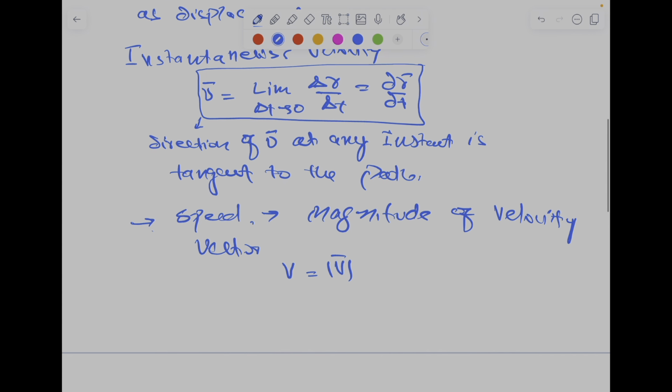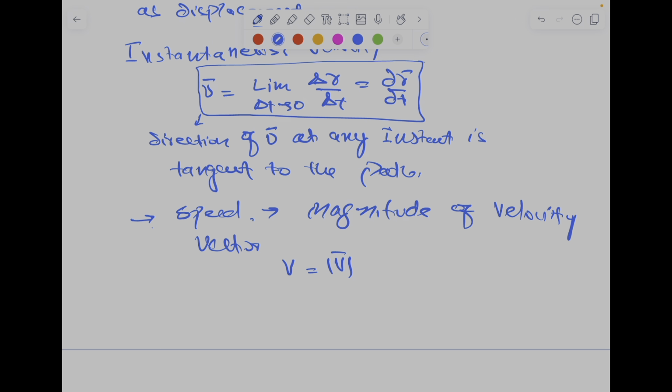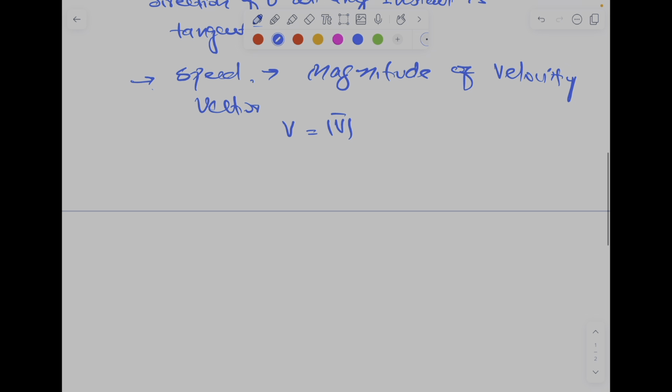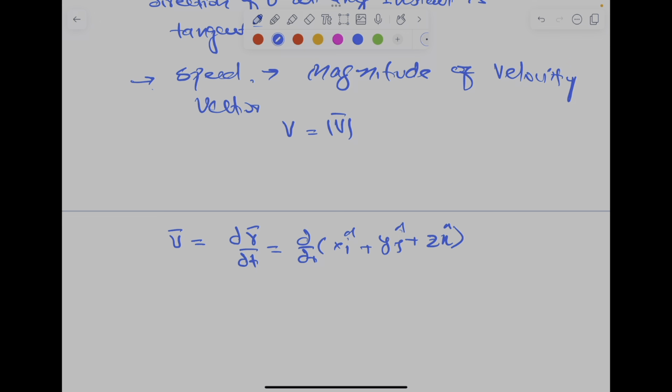Now your velocity is a vector, it depends upon r, and this velocity has components along x, along y, and along z. So your velocity is defined as dr by dt, and your r is defined as xi plus yj plus zk. So what's your velocity vector now?